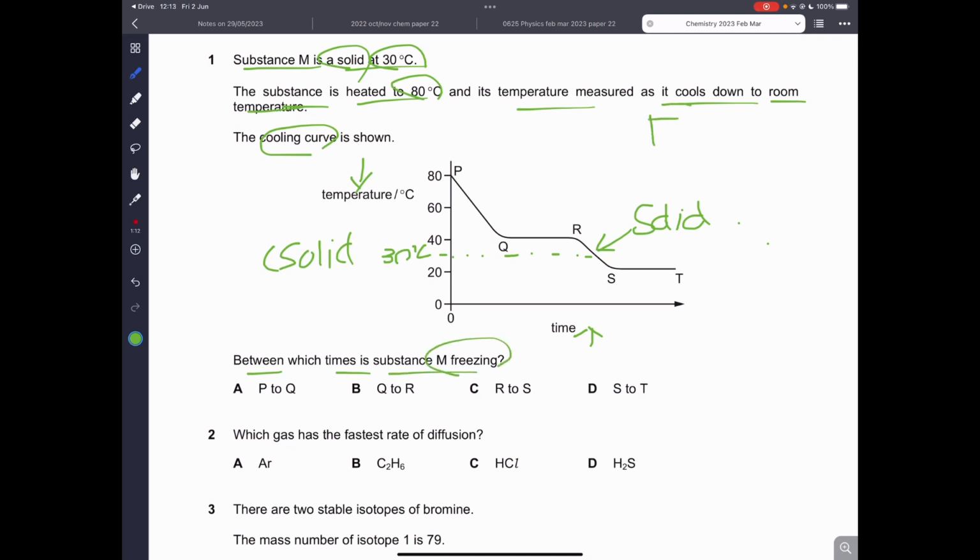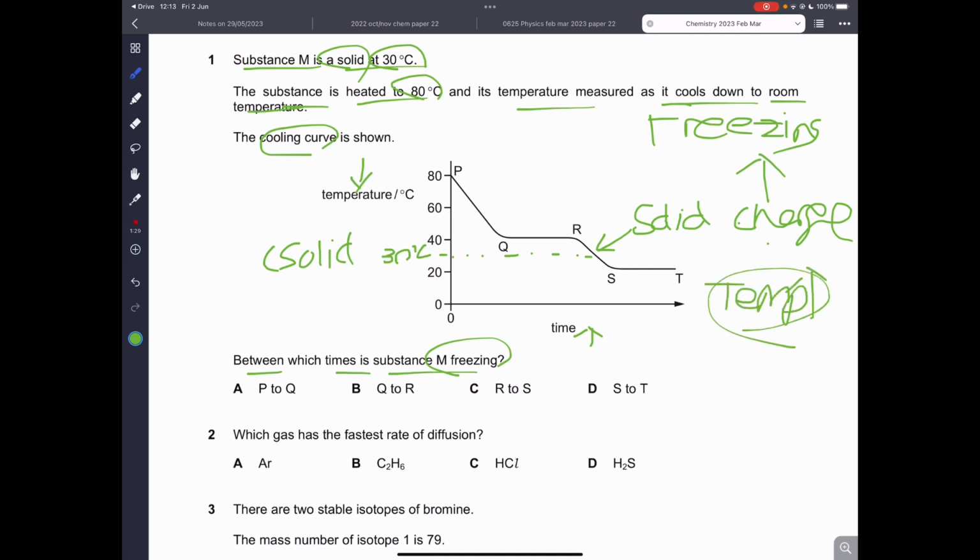When it asks you about freezing, that is a change of state. And change of state requires energy, and that energy is going to be very constant. Therefore the temperature will not change while it is freezing. If this is a solid, then this is the liquid.